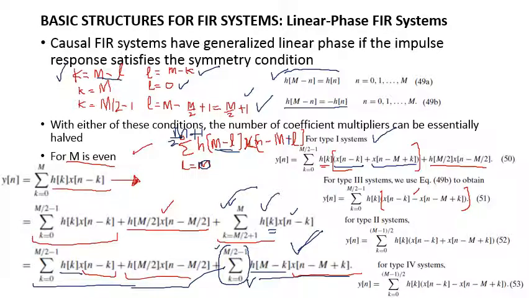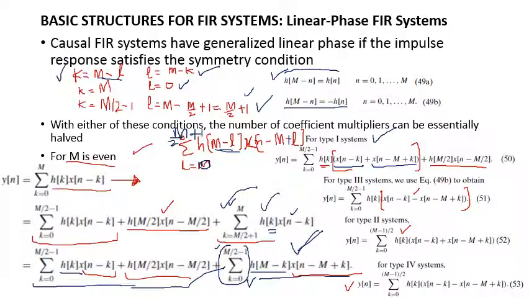Similarly, for the case when m is not even, we have the upper limit as this one, and we don't have this middle term. And I hope it is straightforward for type 4, where we have this expression, because again m is not even.